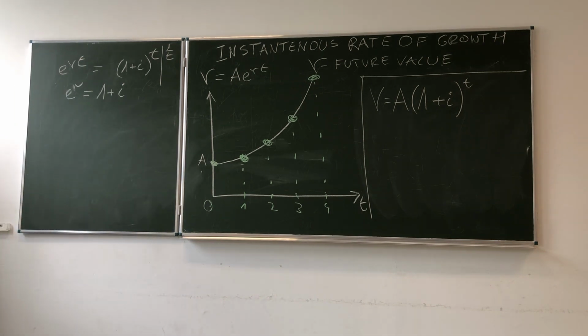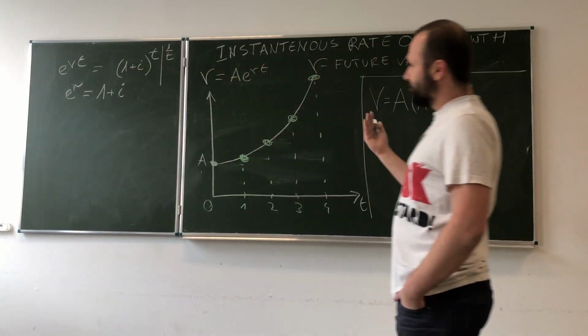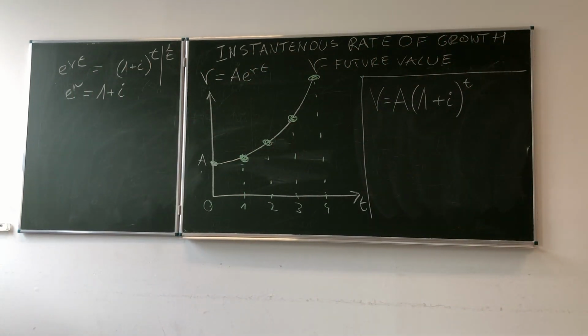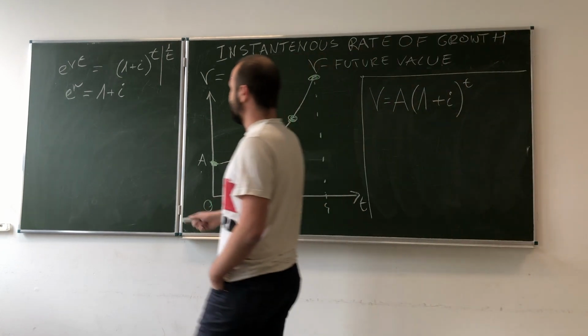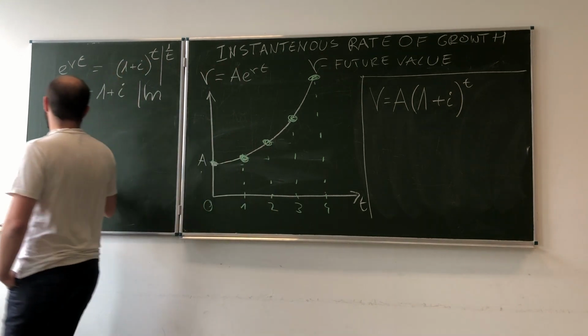Okay, so now we've got some relationship, but this is not what we want. We cannot directly substitute, unless, of course, we take the natural logarithm of both sides.